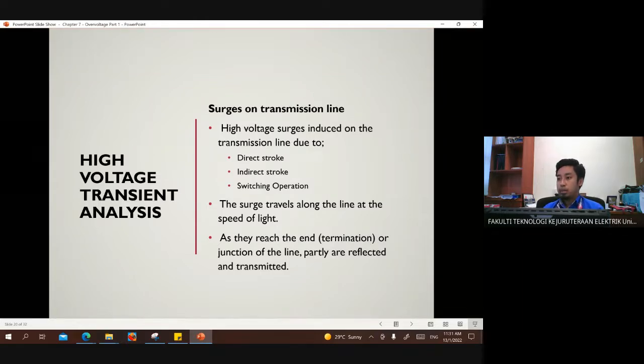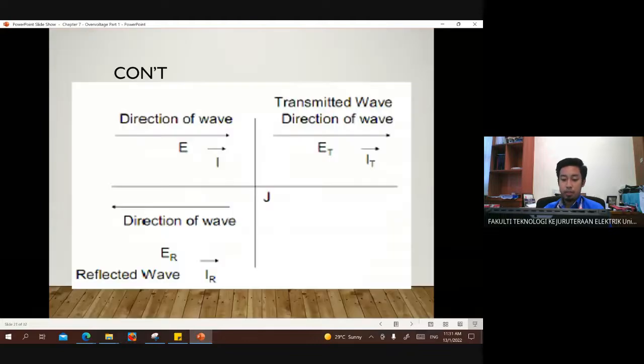So for the surge that travels along the line, some of the signal will be transmitted and some will be reflected. This is the direction of the wave, and J is the junction here.